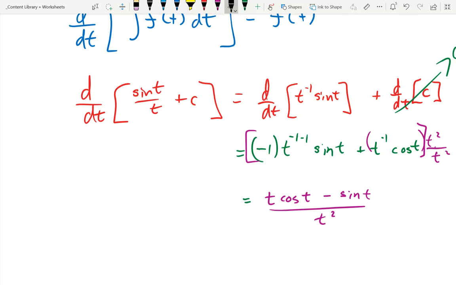If I multiply it by t squared, that's just going to be 1. And so I have minus sine t here. And then this one here, t to the minus 1 times t squared is t, so I have t cosine t there. And then I have over t squared because I multiplied by t squared divided by t squared. So over t squared for the whole thing. It was just a way of getting the common denominator.